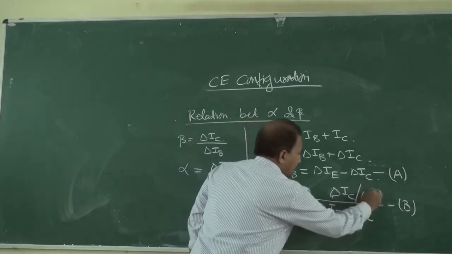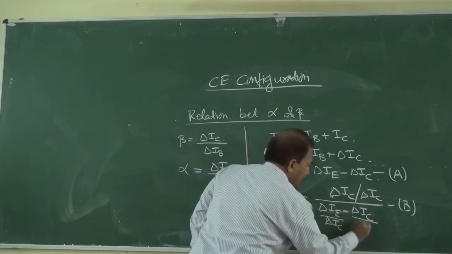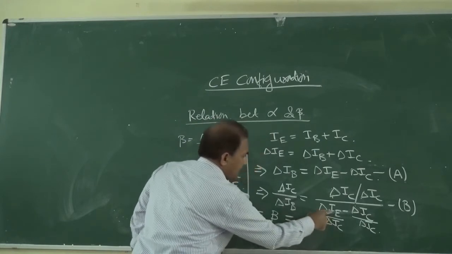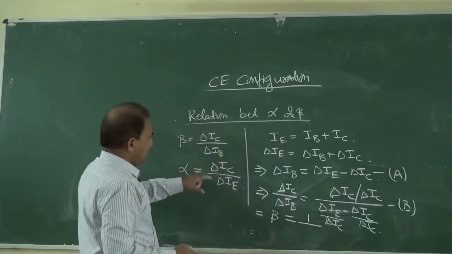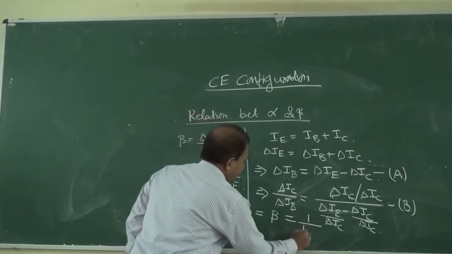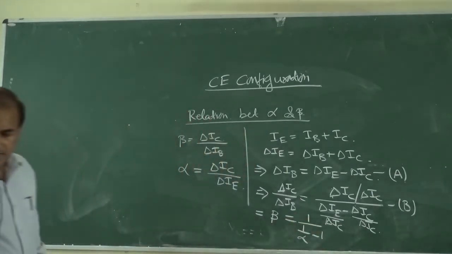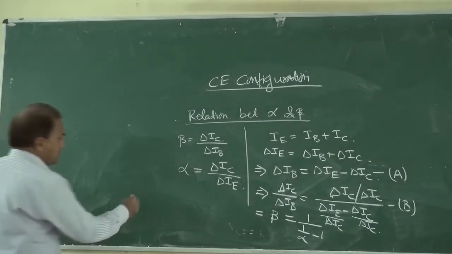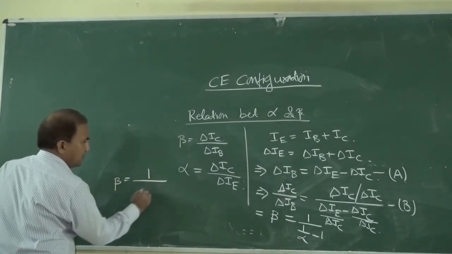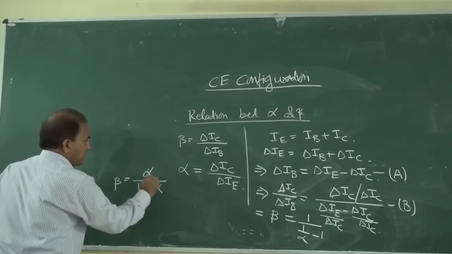Again we can divide by del IC, so it will be 1 divided by del IE by del IC minus 1, which is 1 divided by 1 over alpha minus 1.